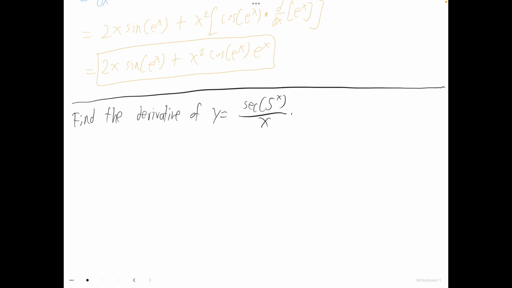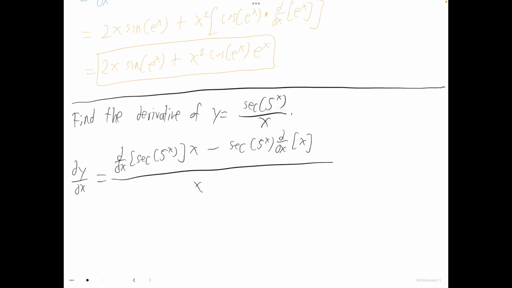And so we're going to use the quotient rule to start with. So we get dy over dx is equal to the derivative of the top times the bottom minus the top times the derivative of the bottom, all divided by the bottom squared.